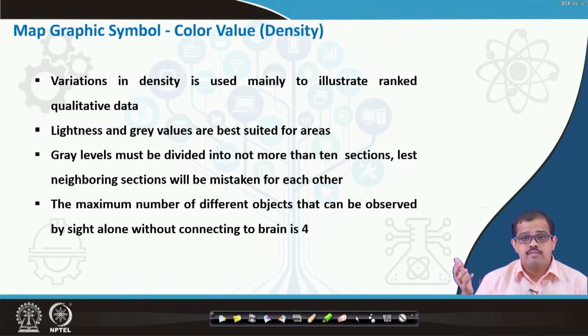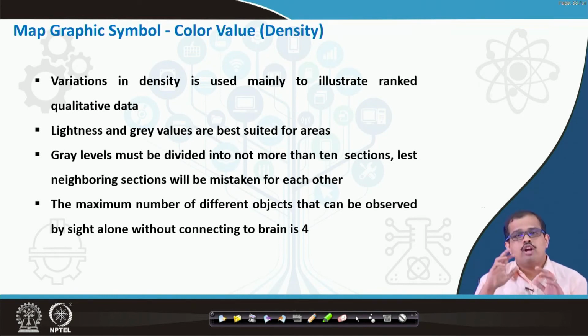Then you have color value, which is based on density. Variation in density is used mainly to illustrate ranked qualitative data. Please be careful here, it is only ranked data. Lightness and gray values are best suited for areas. Gray levels must be divided into not more than 10 sections, lest neighboring sections be mistaken for each other.